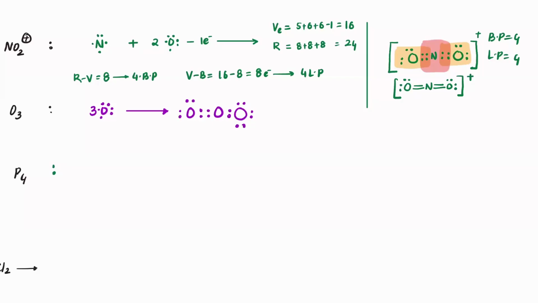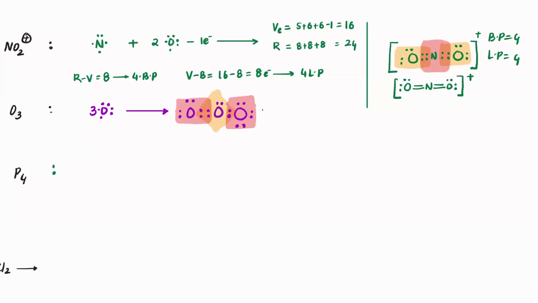Now check out the octet completion. This oxygen has completed its octet. This oxygen has also completed its octet. And the central one has also completed its octet, but it should be with one lone pair on it. So one lone pair on it.